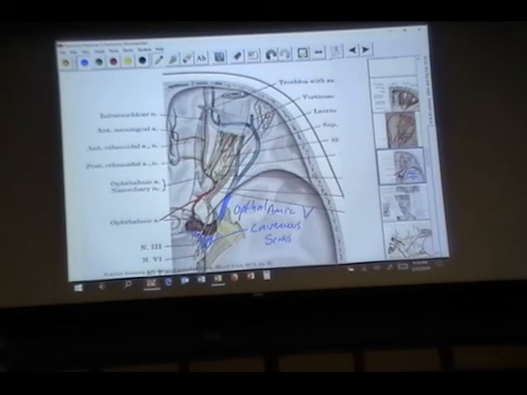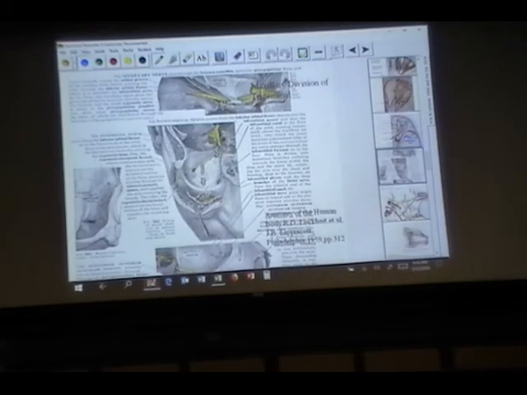Okay, here is the maxillary division. Can you also have that picture that you just had up? That wasn't in there. Okay, I'll have to look and see what happened to the presentation.